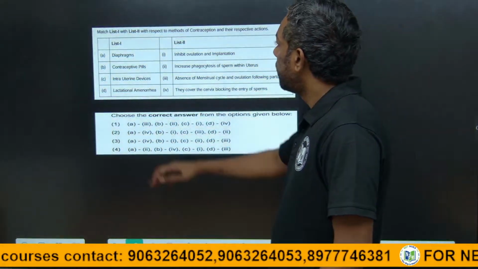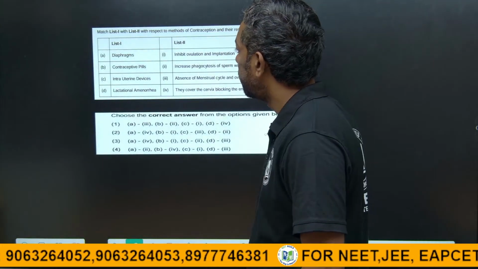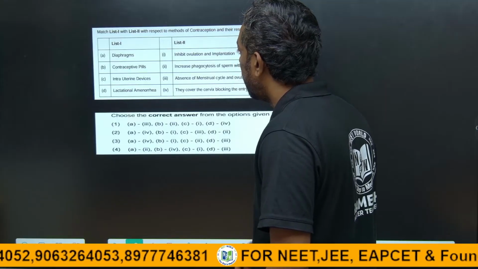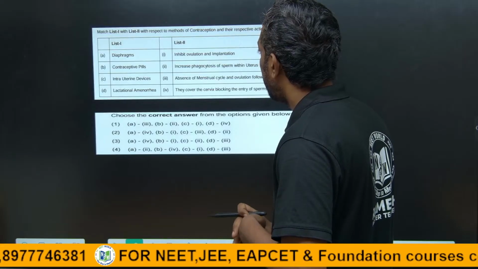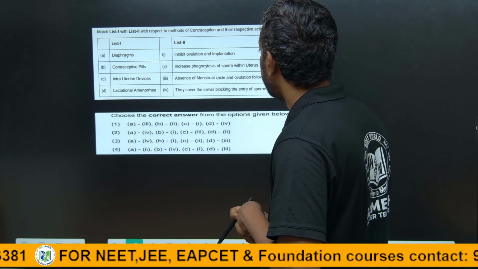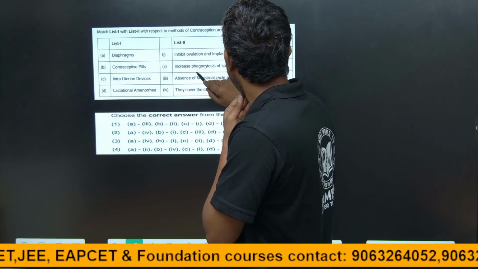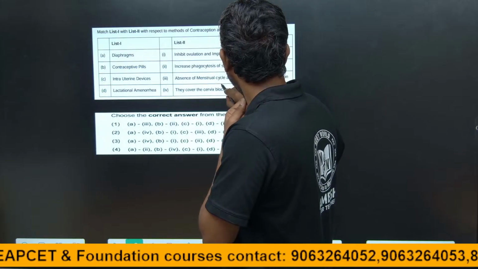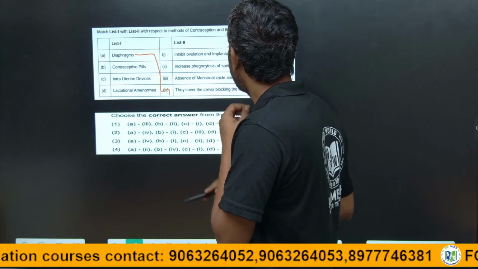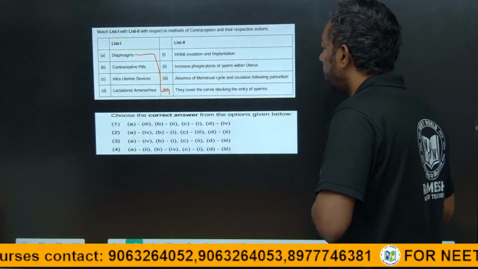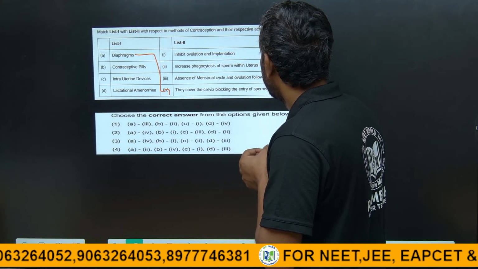List 1 and list 2: diaphragm, contraceptive pills, intrauterine devices, lactational amenorrhea. Guys, just look into this. Diaphragm can block the cervix and block the entry of sperm. Contraceptive pills, what can they do?